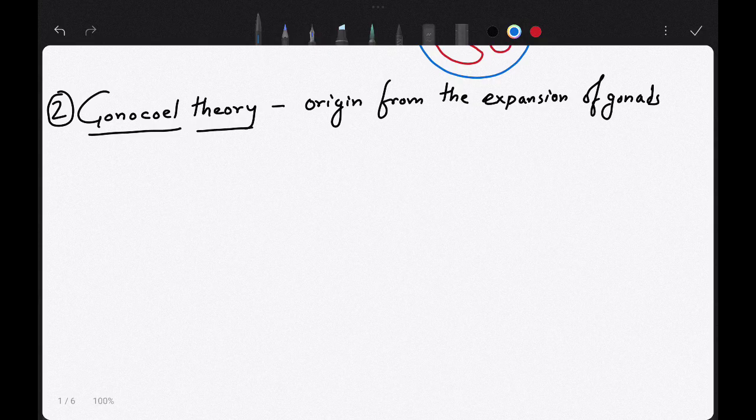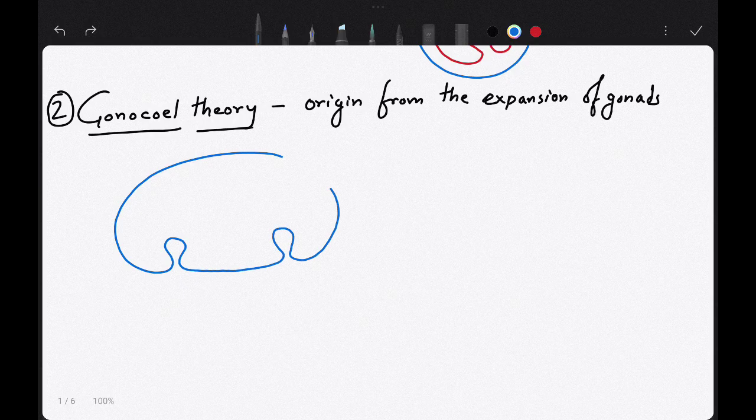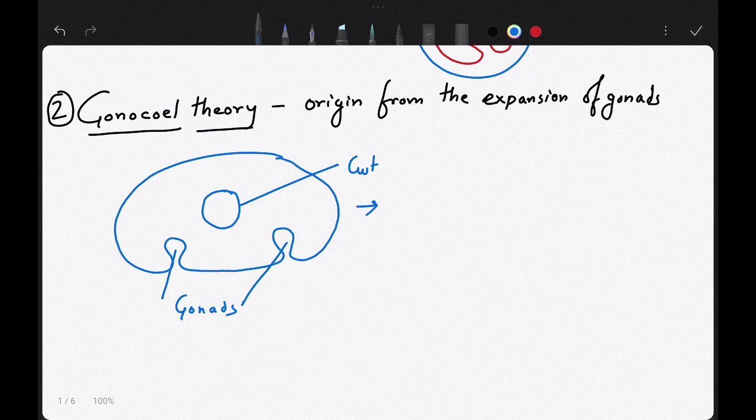Now what happened here is that, suppose this is the organism in the early developmental stages. This is the gut. Suppose these are the gonads. Now what will happen is that expansion of the gonads will take place.